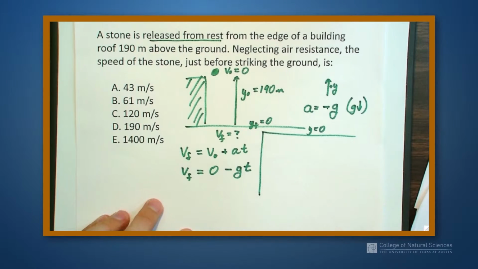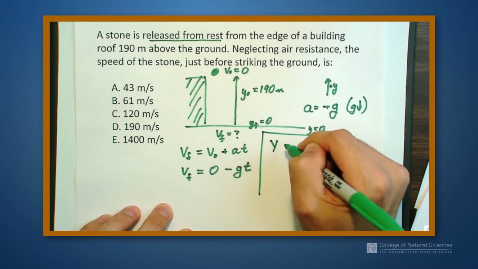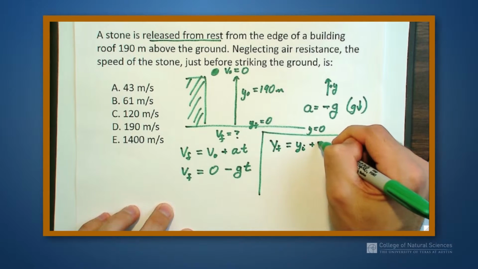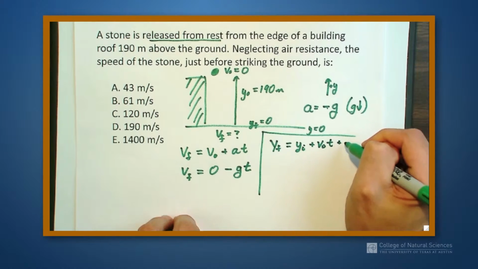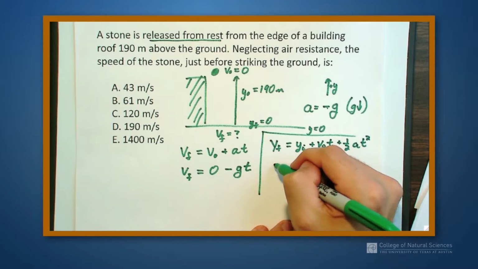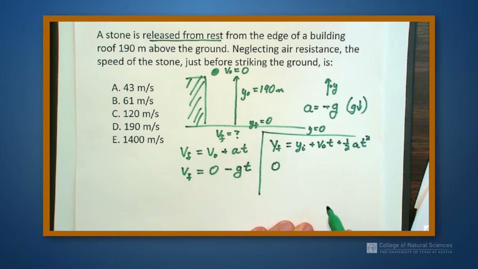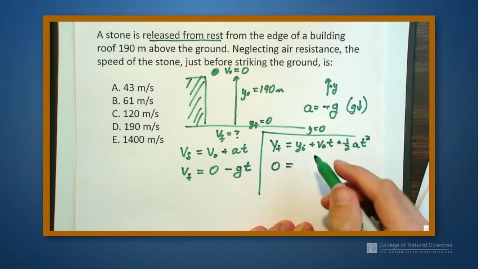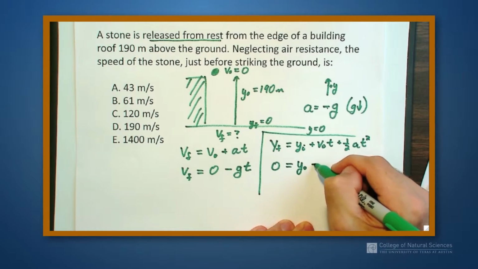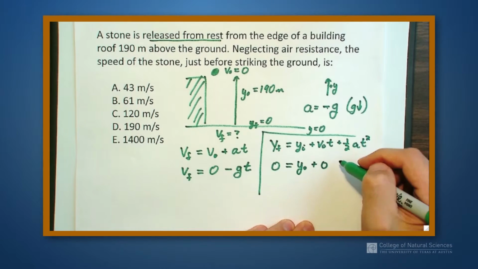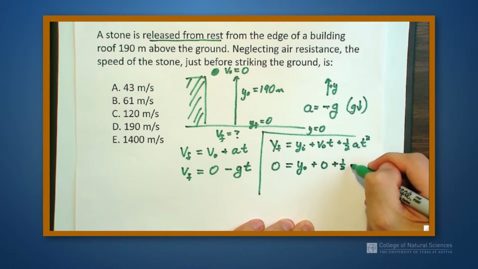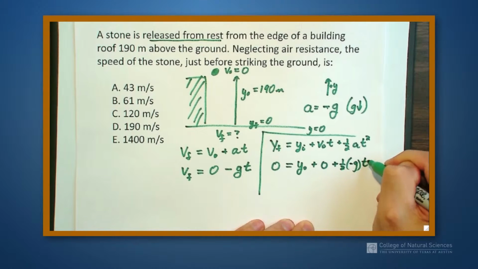So what I'm going to do is I'm actually going to go over and use y final is equal to y initial plus v naught t plus 1/2 a t squared. Or my final position, y is equal to 0, is equal to the 190, my initial position, plus my initial speed, which was 0, plus 1/2, minus g t squared.